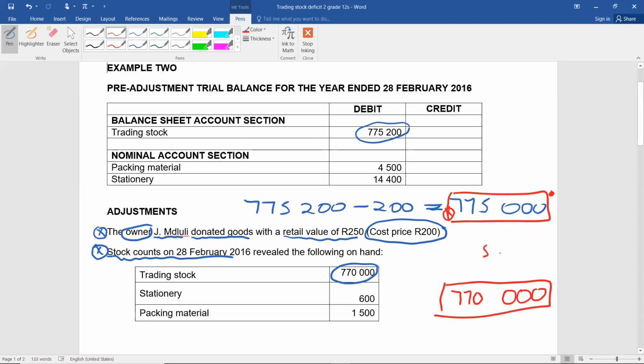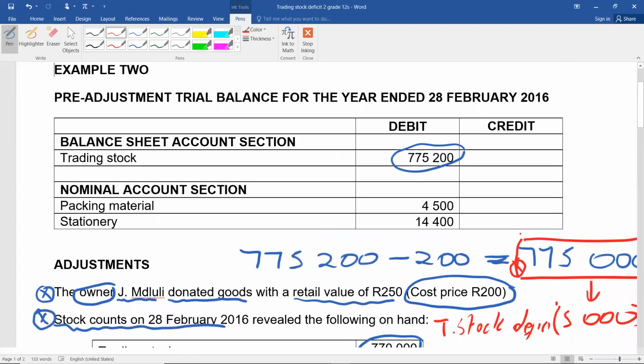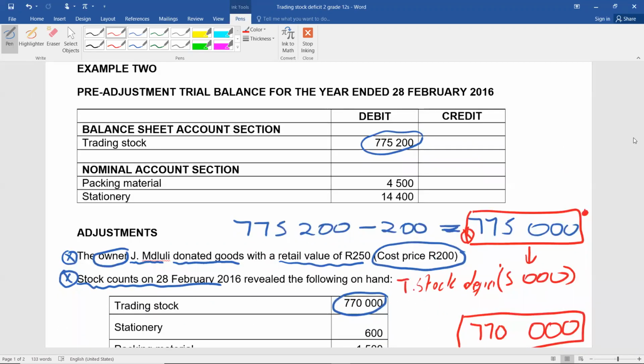Now that 5,000 rand, what do we call it? Trading stock deficit. Thank you. Where will it be recorded? We're going to record it under operating expenses as trading stock deficit.